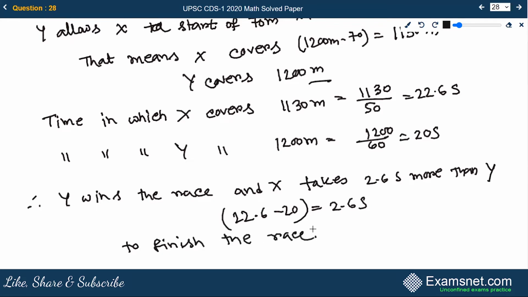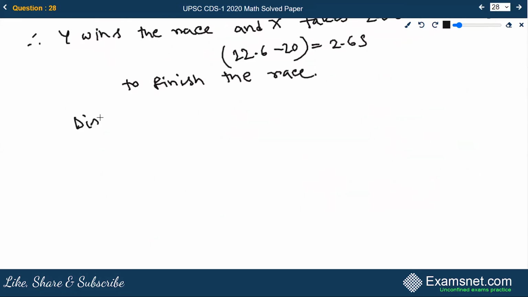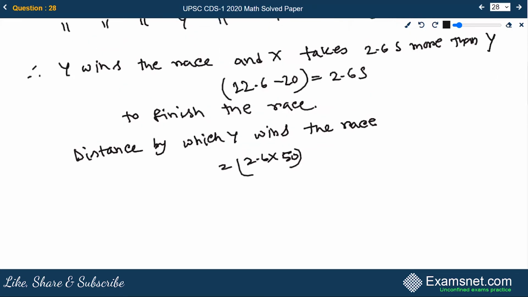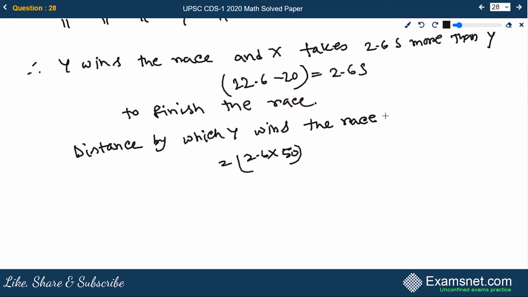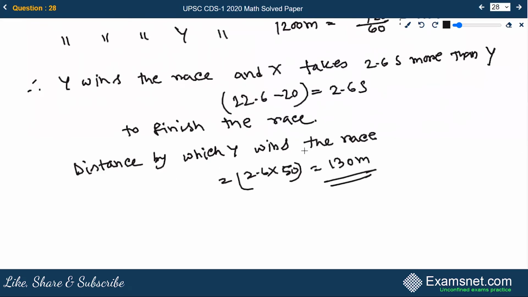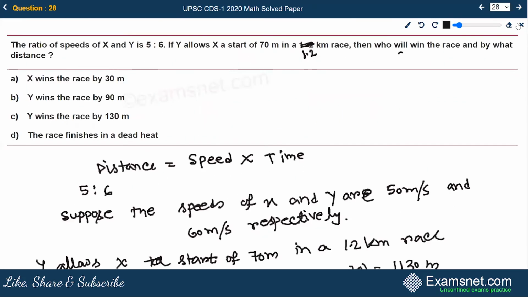So the distance by which Y wins the race is 2.6 multiplied by 50 meters per second, that is the speed of X. So here it is 130 meters, because X has taken 2.6 seconds more, correct? So Y wins the race by 130 meters.